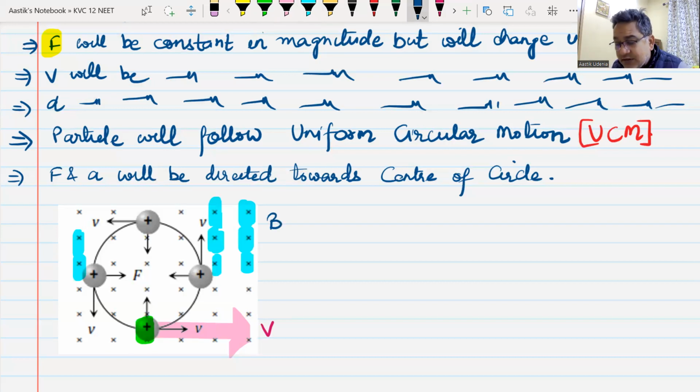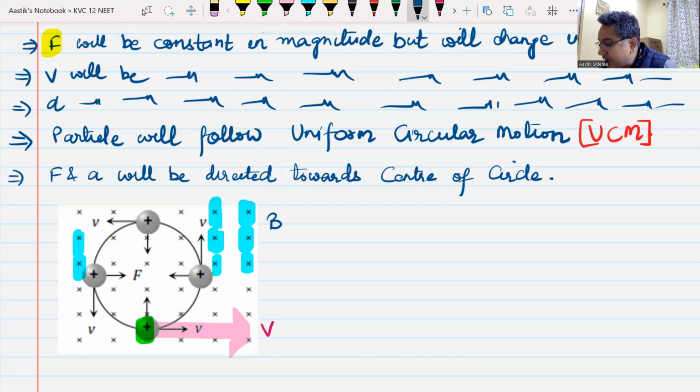And you can see where the center of the circle is. So you do V cross B. V is here, B is inside. V cross B, and you can see the force is pointing upwards.